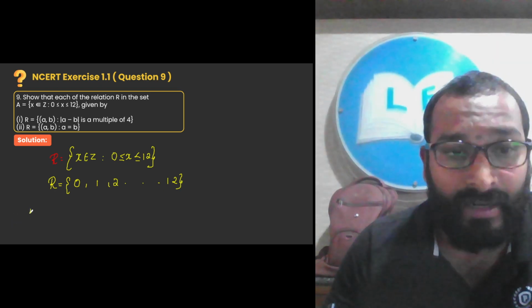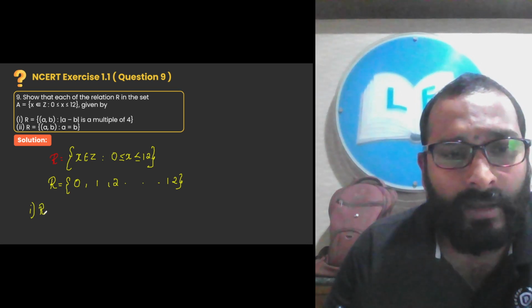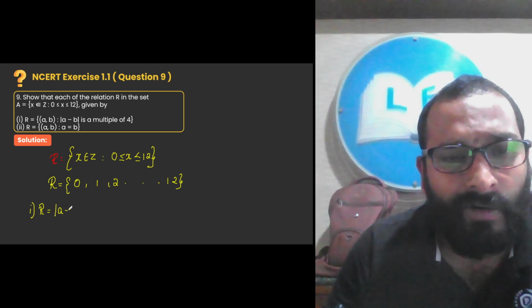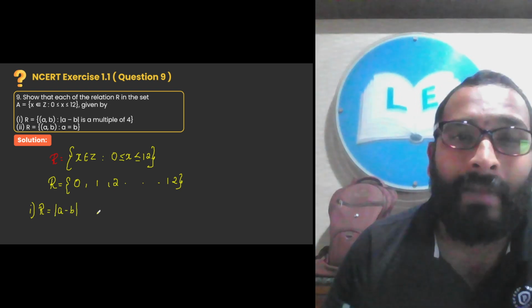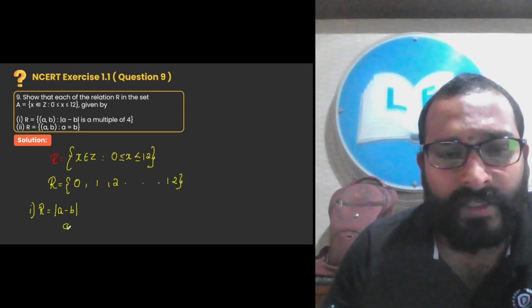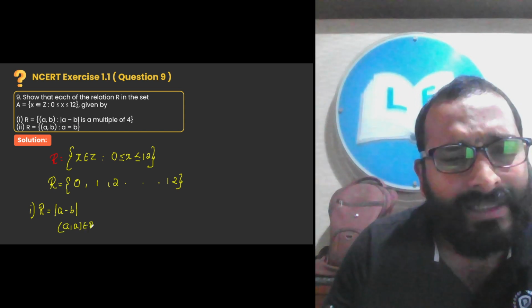Under this, the relation R is defined as modulus of A minus B is a multiple of 4. Let us first check for reflexive, children. If I am checking for (A, A), does it belong to R? Yes, it belongs to R. Why?